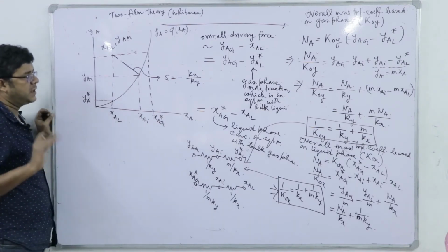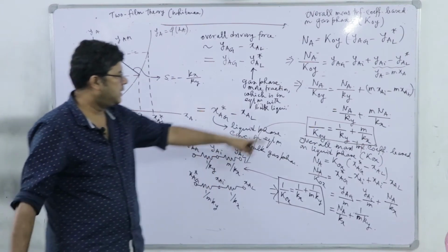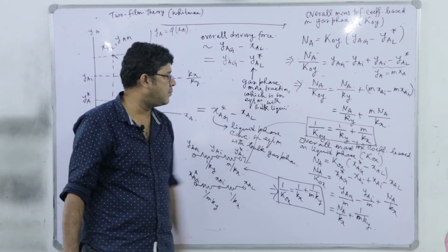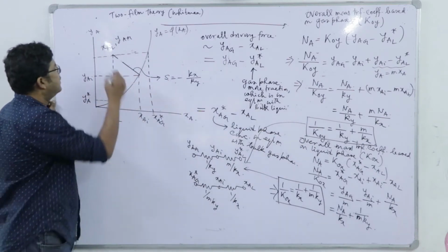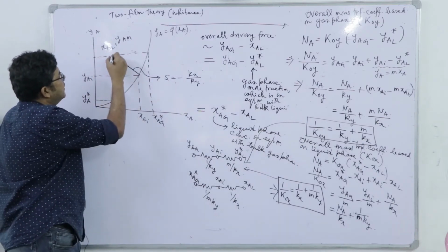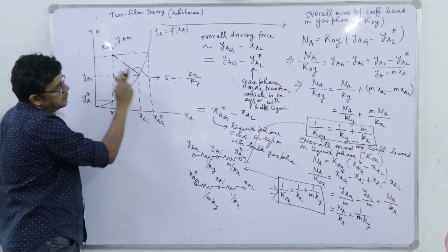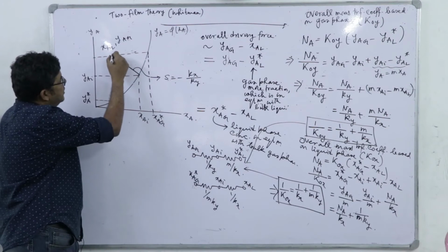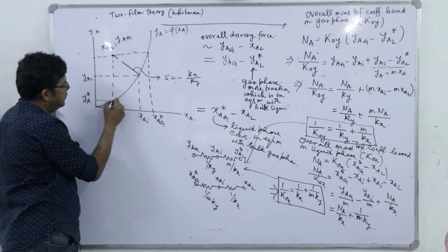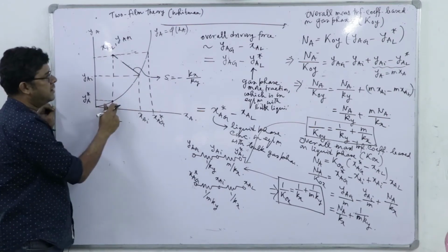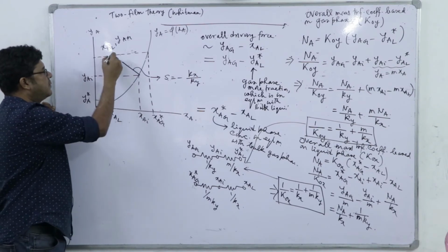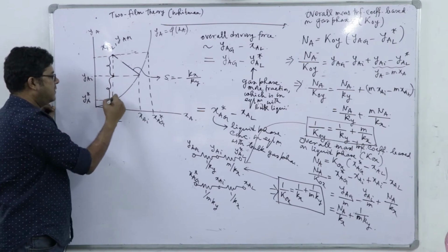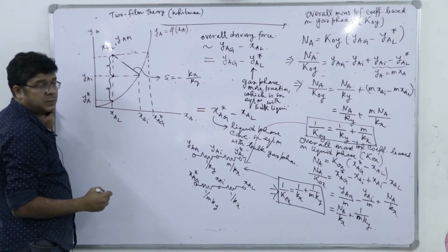Now, when we are looking for this 1 by KY and m by Kx, right. You see what are the respective driving forces? The total driving force is this one, YAG minus YA star, and that we are splitting into YAG minus YAI and next YAI to YA star.